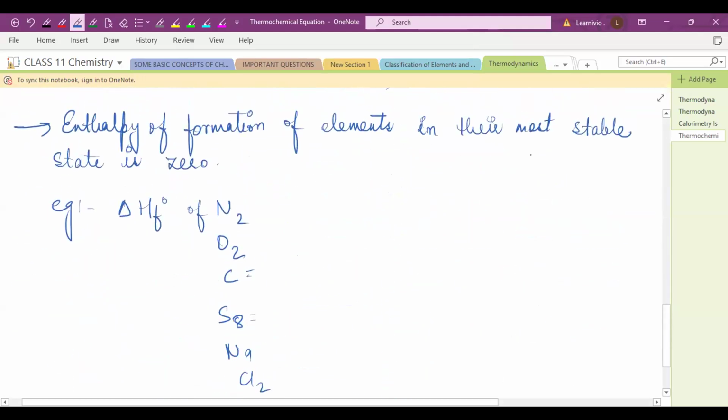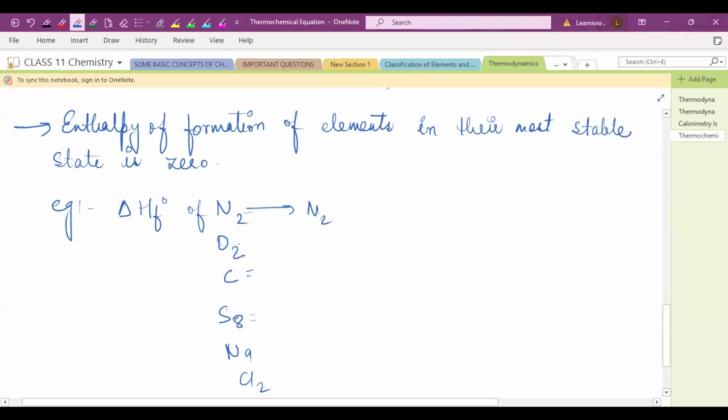Take N2: here N2 is again in its most stable state. तो N2 से N2 बनने में कितनी enthalpy लग रही है? There is no energy. N2 से N2 form होने में there will be no energy, right?